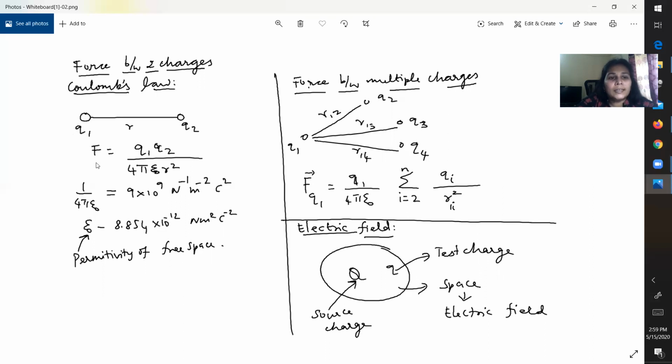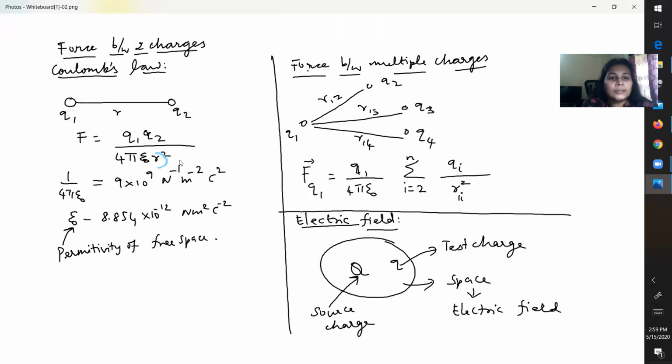Coulomb said that this force of attraction or repulsion between any two charges is directly proportional to the product of the charges, Q1 into Q2, and it is inversely proportional to the square of the distance between the charges.